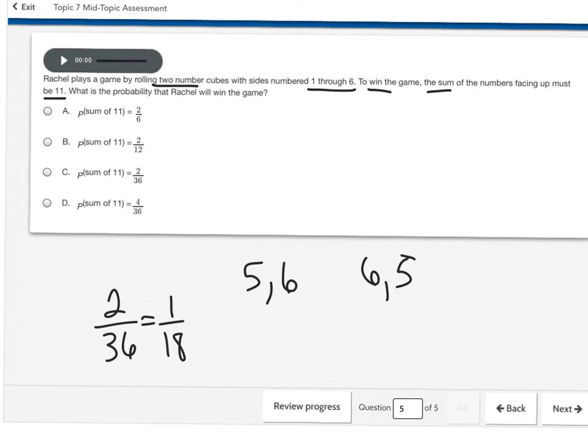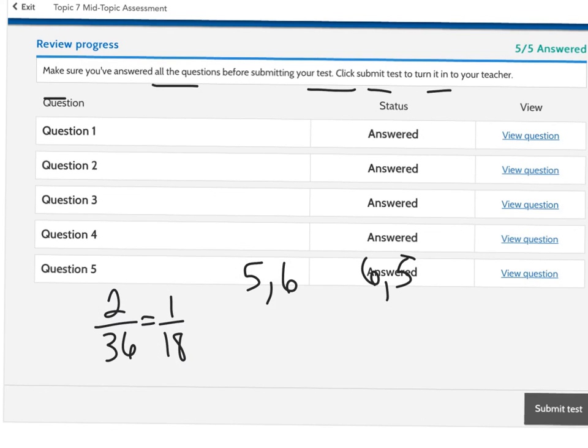The answers they gave here didn't reduce this, so they have 2 out of 36. So 2 out of 36 would be the answer for that problem. This gives you an idea of what we're looking at for the Topic 7 mid-topic assessment.